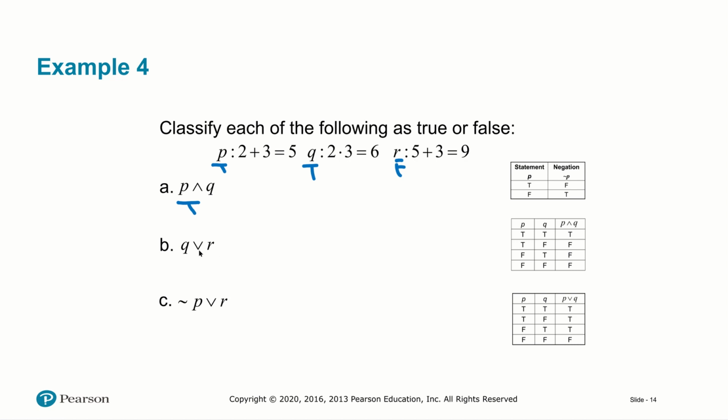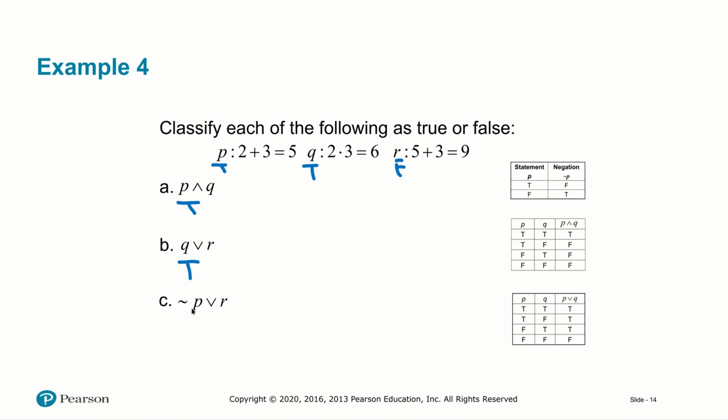That's a disjunction. And we know that as long as one of the two statements is true, a disjunction is going to be true. The only time a disjunction is false is if both statements are false. And here we can see that one is true, the other is false. So therefore, Q or R is going to be true.